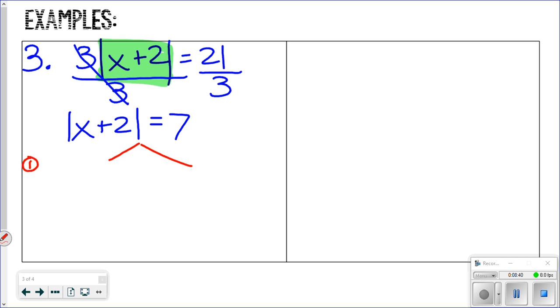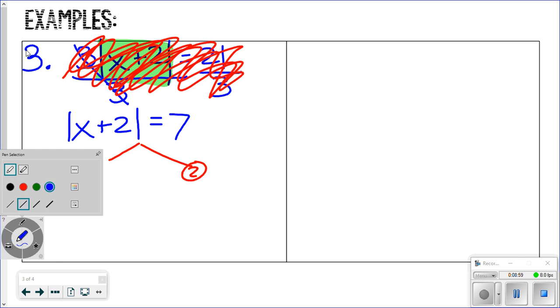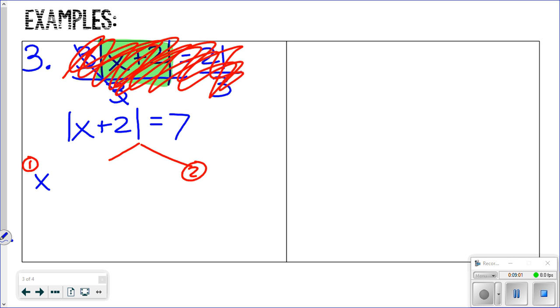So my first one and my second one. Don't go back up and make this a -21. So this is kind of gone. We don't use this equation. It's null and void. We're going to move forward with this x plus 2 equals 7. So drop the bars. x plus 2 equals 7.